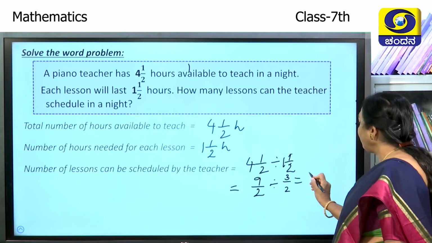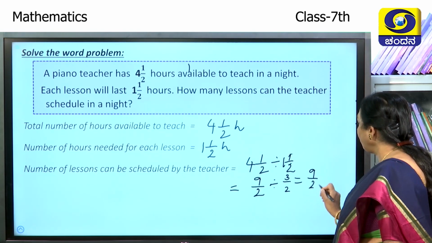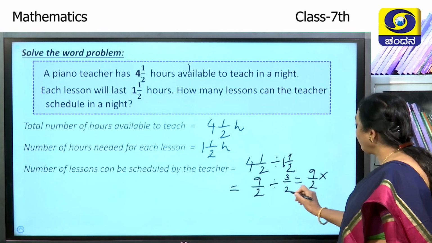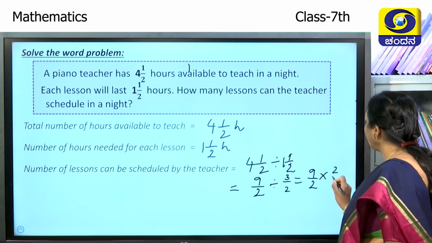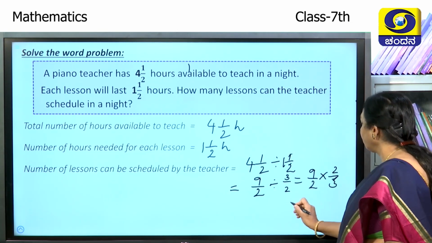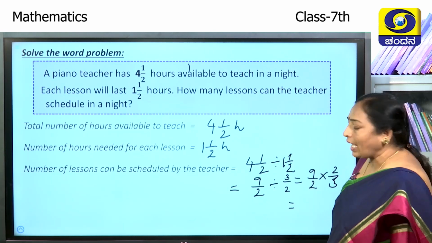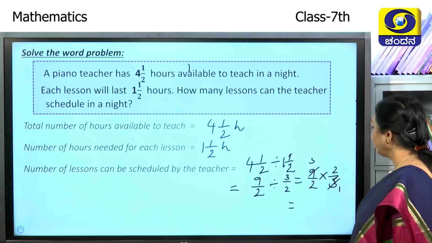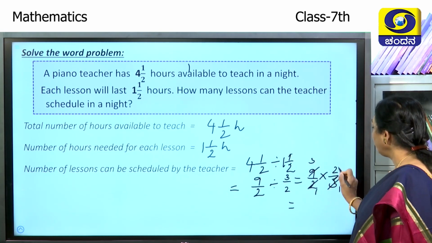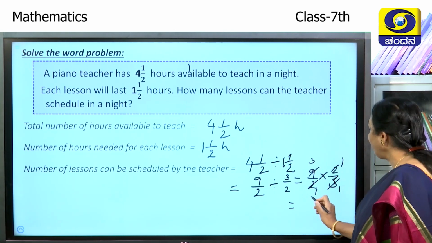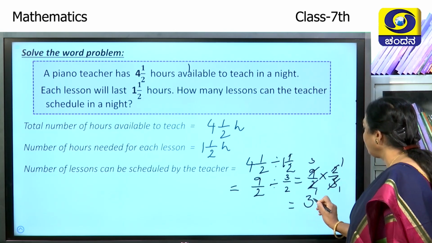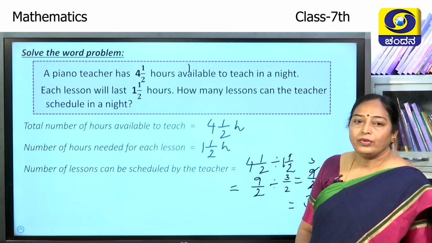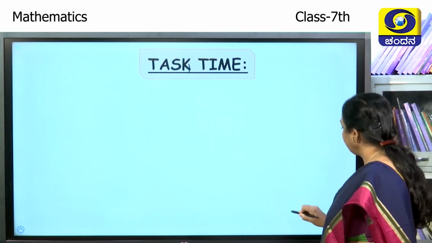And 9 by 2 is multiplied by the reciprocal of 3 by 2, that is 2 by 3. By calculating this, 3 1s are 3, 3 3s are 9, 2 1s are 2, 2 1s are 2. By multiplying, we will get 3. Totally, the teacher will teach 3 lessons.